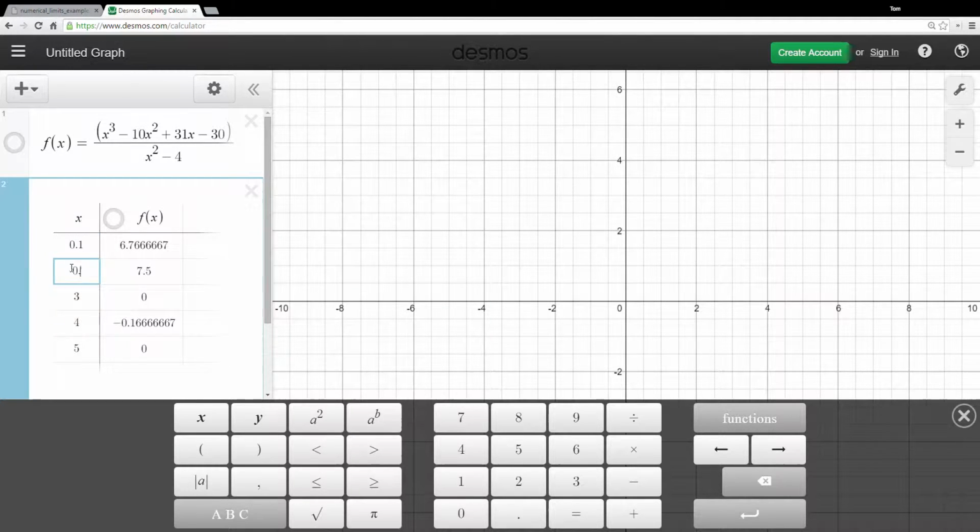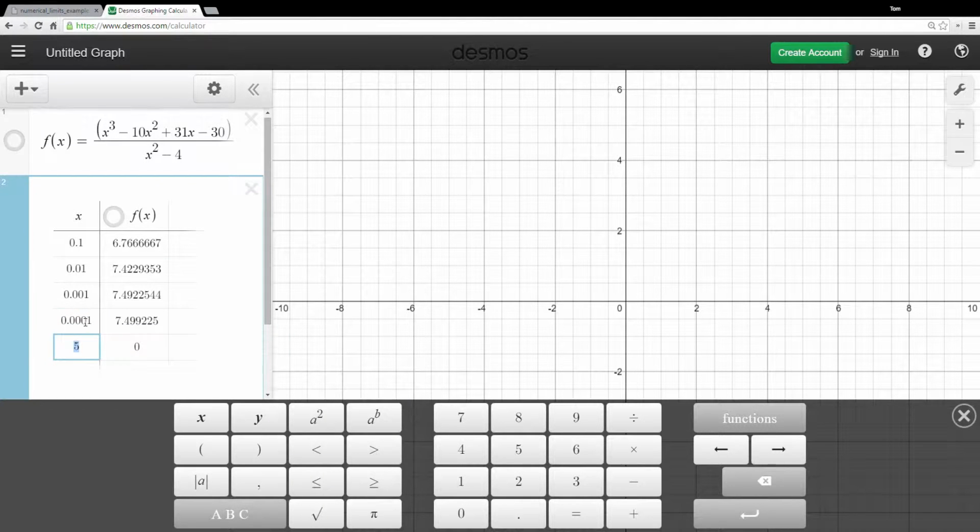Then I'm going to make those numbers get closer and closer to 0. 0.01 is closer to 0 than 0.1, and 0.001 is closer than the others, and I can just keep following that same pattern, getting closer and closer to 0.